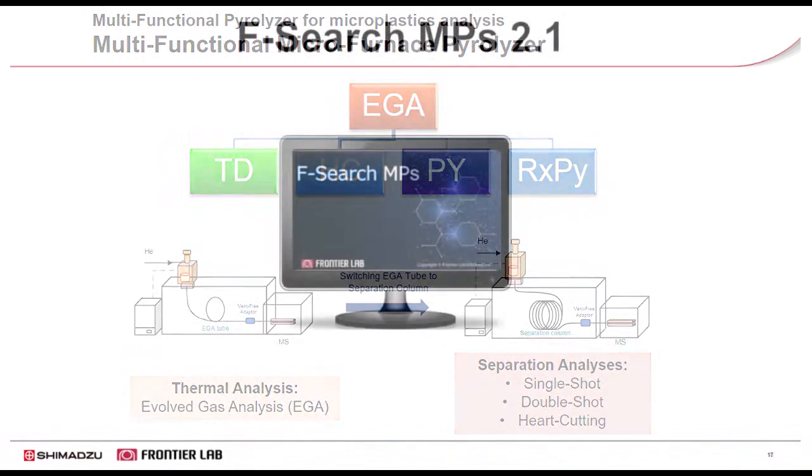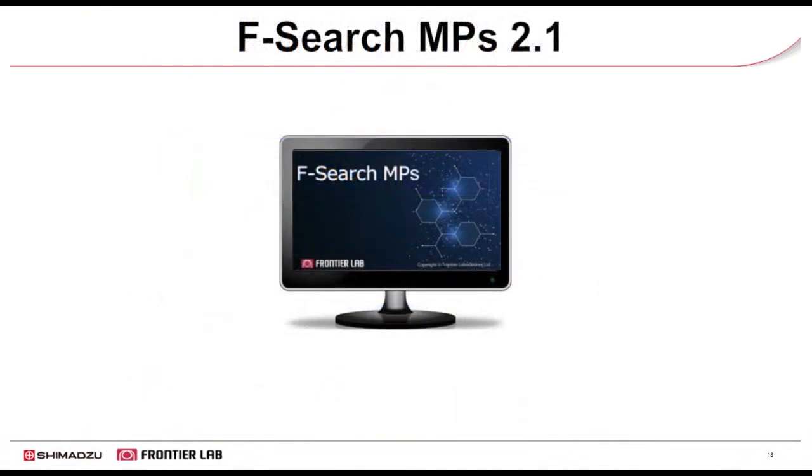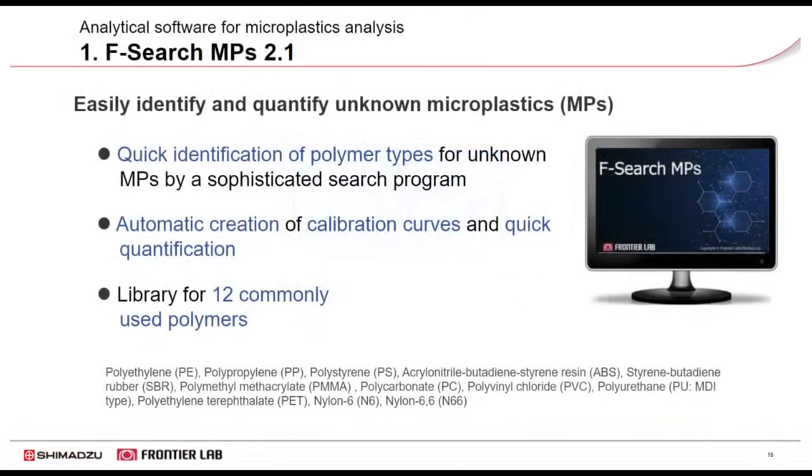Now let's talk about F-Search MP software. F-Search MP is an analytical software used with the data obtained by Pyrolysis-GC for microplastics analysis. It allows you to easily and accurately identify and quantify unknown microplastics in the environment.